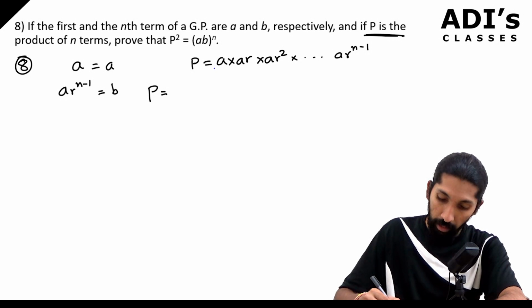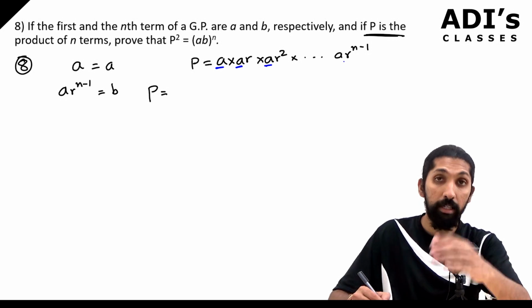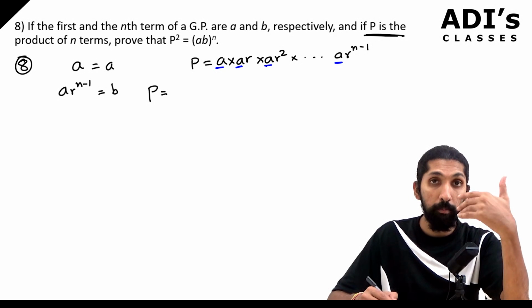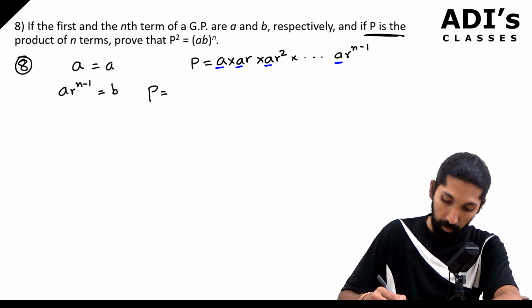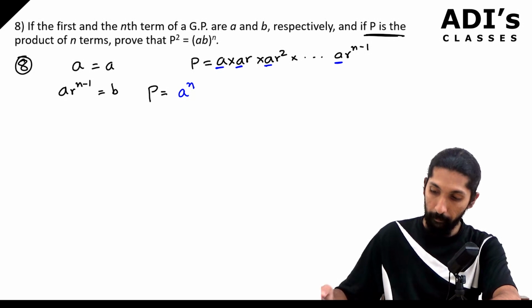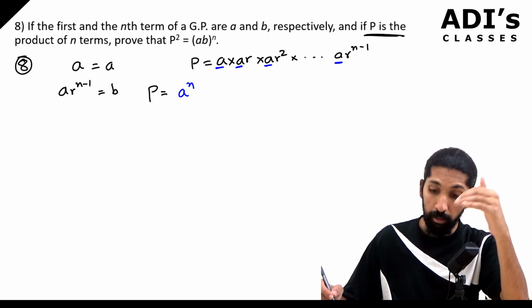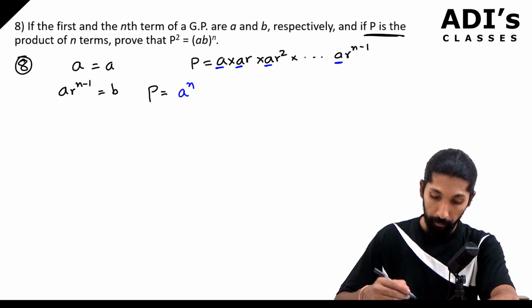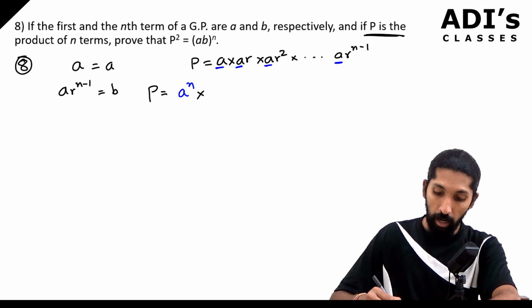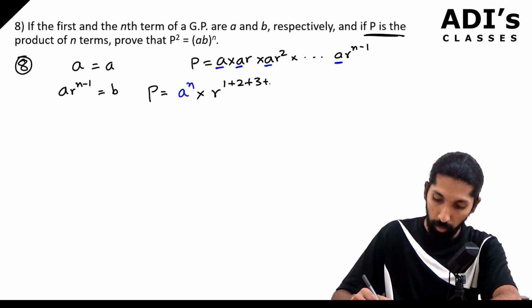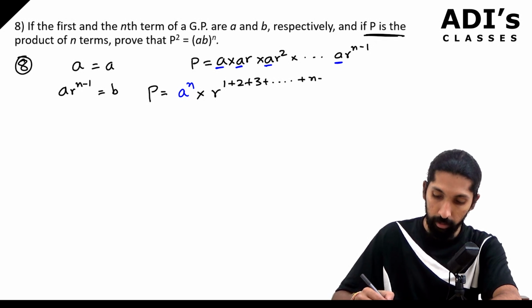That means A till n number of times. So repeated multiplication is nothing but an exponent. So you can call this as A to the power of n. Then R square, R cube till R to the power of n minus 1, which you can write as R to the power of 1 plus 2 plus 3 plus so on and so forth till n minus 1.